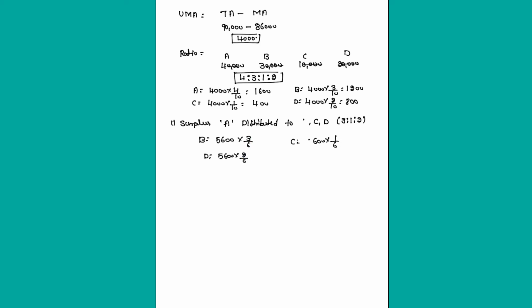For B you'll get 2,800, for C 933, and for D 1,867. So in this way we have to distribute.